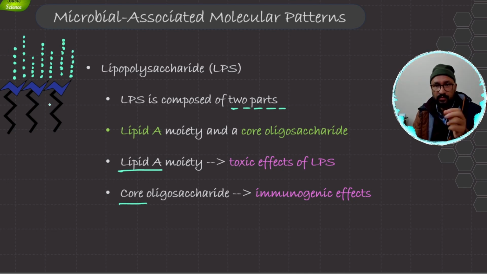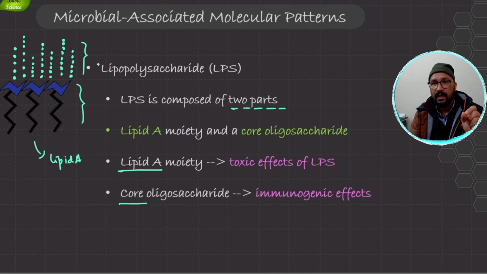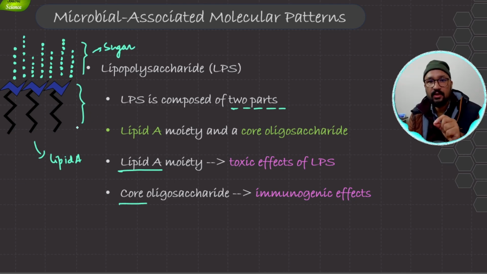So you have two important parts: one is lipid A and then the sugar moiety. That sugar moiety is non-toxic. Understand that. You have this lipid A moiety, and this is the sugar moiety. The sugar one is the non-toxic part, and it is also, as I told you, immunogenic.